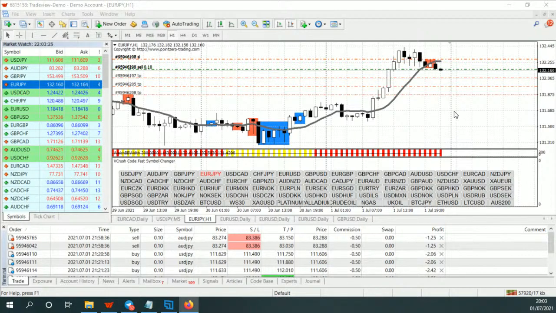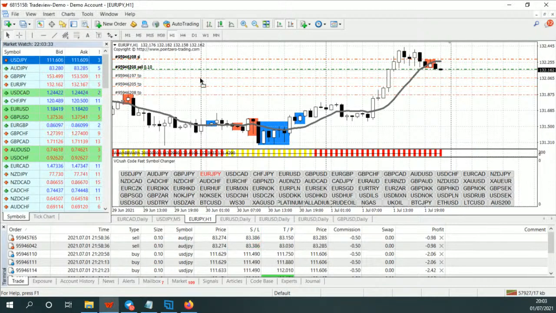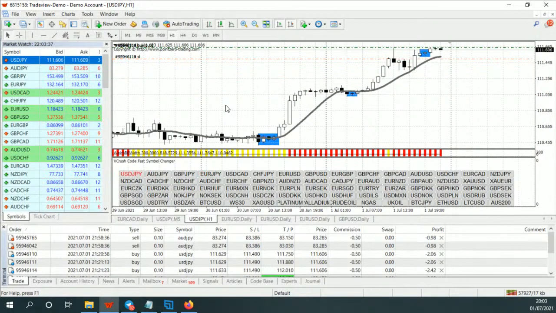Okay, so all of them will not go exactly the same at the same time. You can see this one is developing nicely. Let's see what USDJPY is doing. Okay, USDJPY is still meandering around, because that is a very big resistance area. So probably it might be too late in the night for it to break the resistance yet.